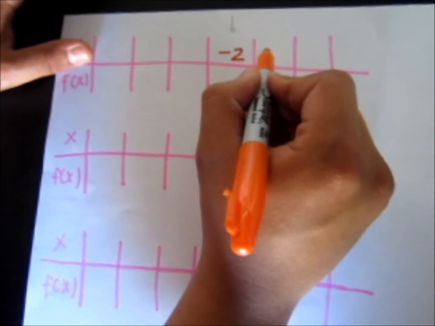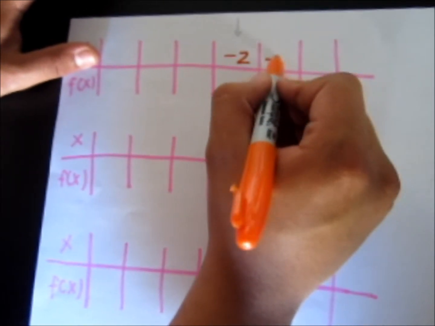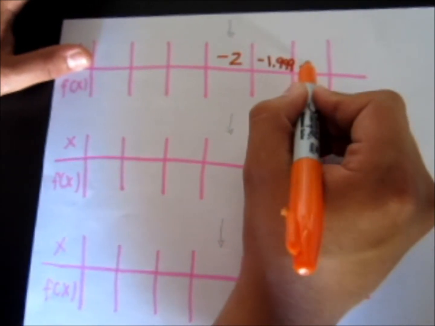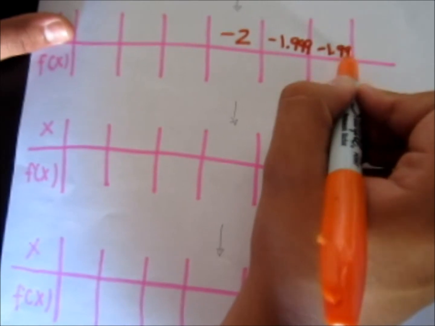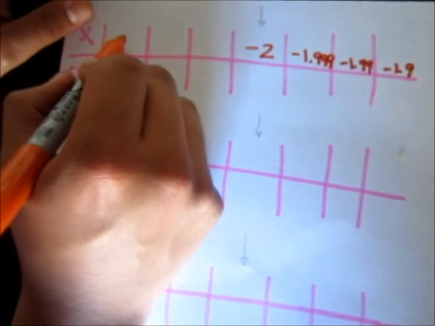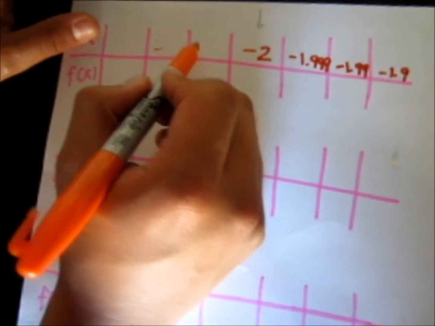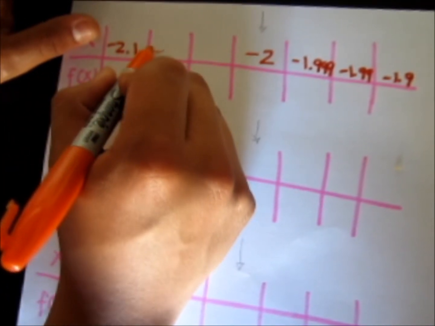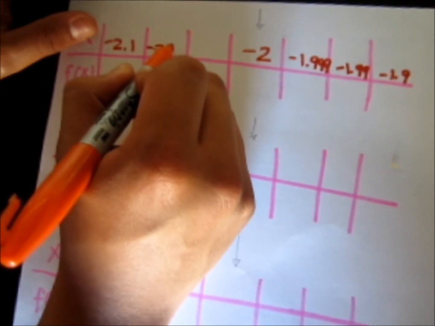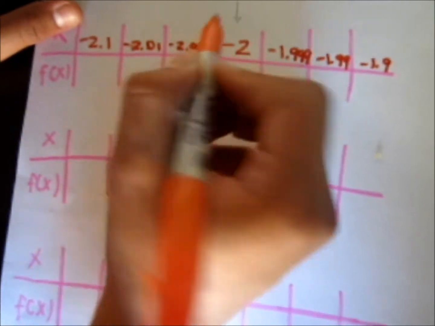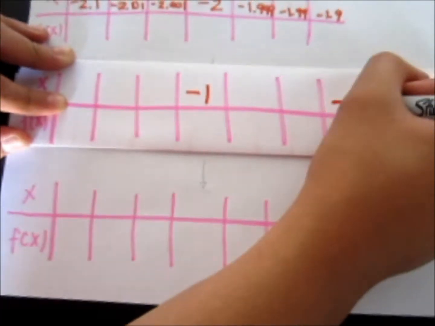So this side would be -1.999, -1.99, and -1.9. This is getting closer to -2. This side will be -2.1, and it gets closer, -2.01, and -2.001. That's for -2.